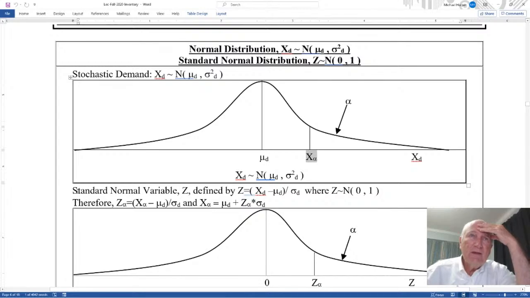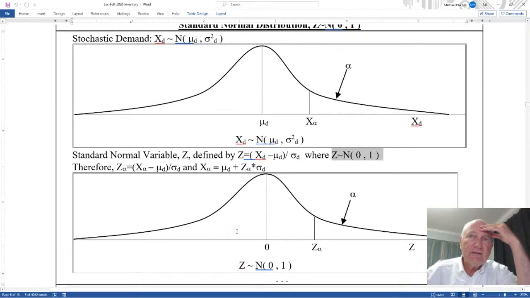Now, the standard normal, we can standardize this. We call it a z. That's where the z value comes in, and that's the random variable minus the mean divided by the standard deviation. So the square root of the variance is the standard deviation. But when you do that, the z follows a normal distribution, same, but the mean is 0 and the variance is 1. And so I list it down here.